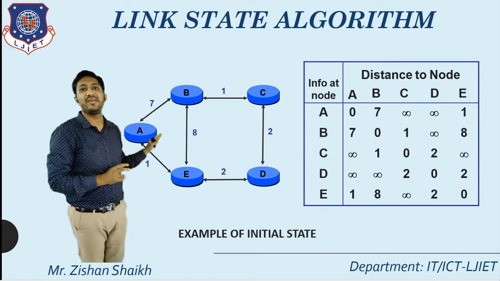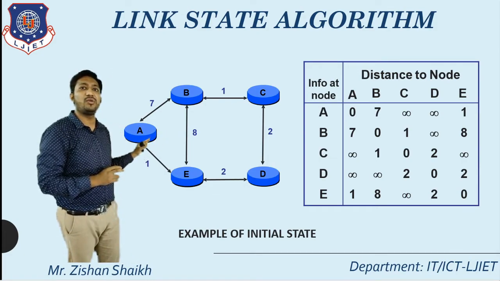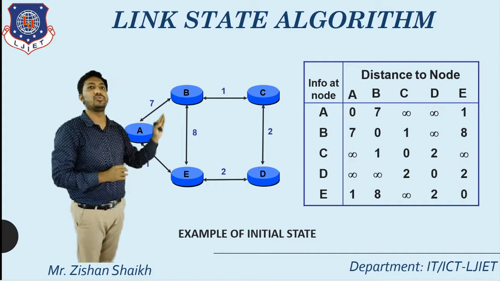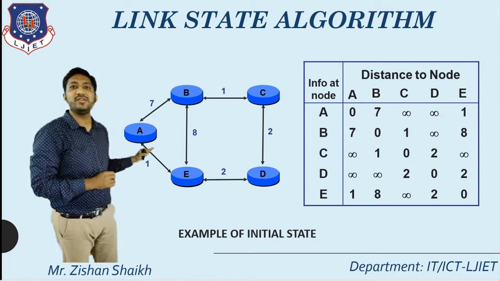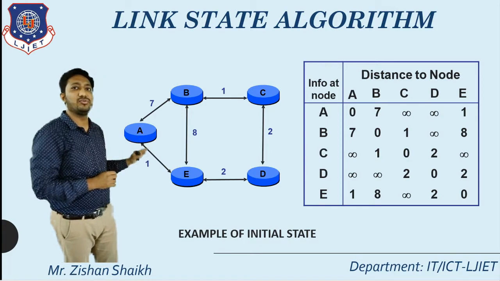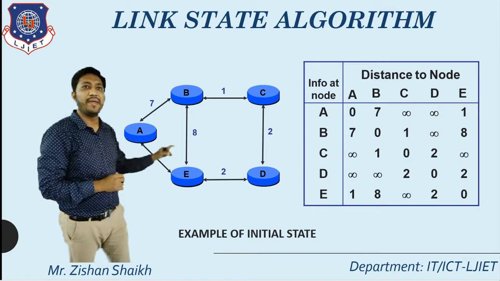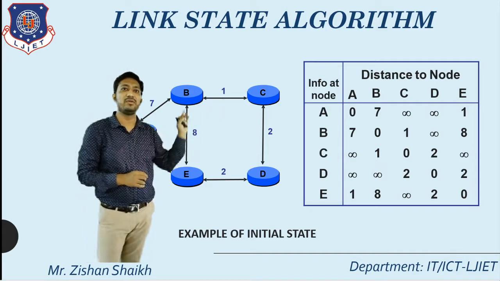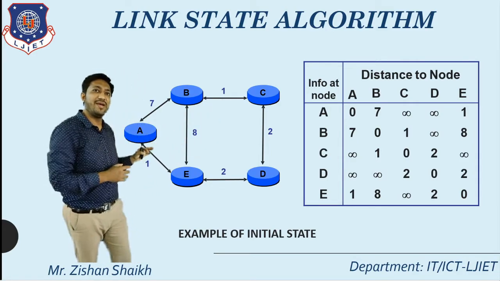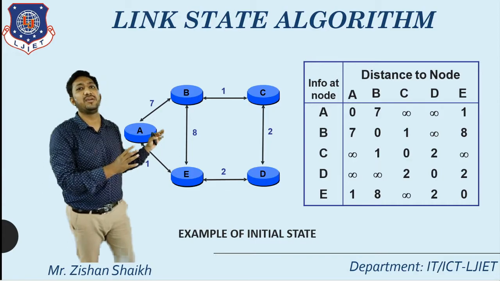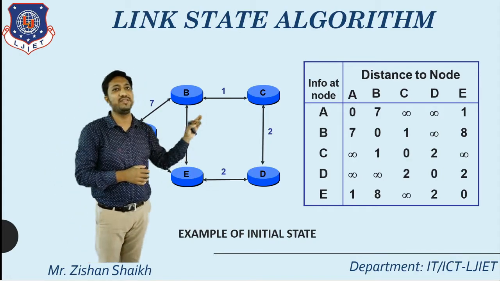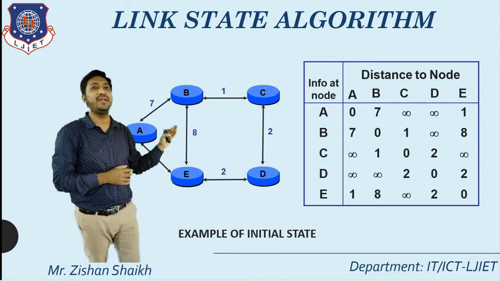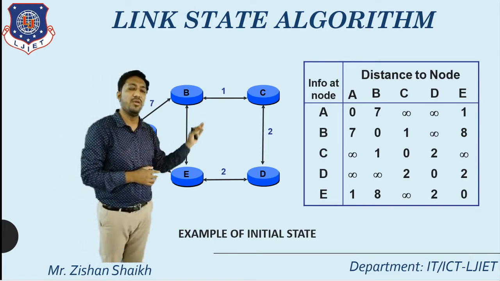The same way, we cannot reach A to D directly, so the value is infinite right now. But we can reach A to E directly, so the value is 1. I think all of you are clear about how the first row is written: A to A 0, A to B 7, A to C infinite, A to D infinite, and A to E 1.